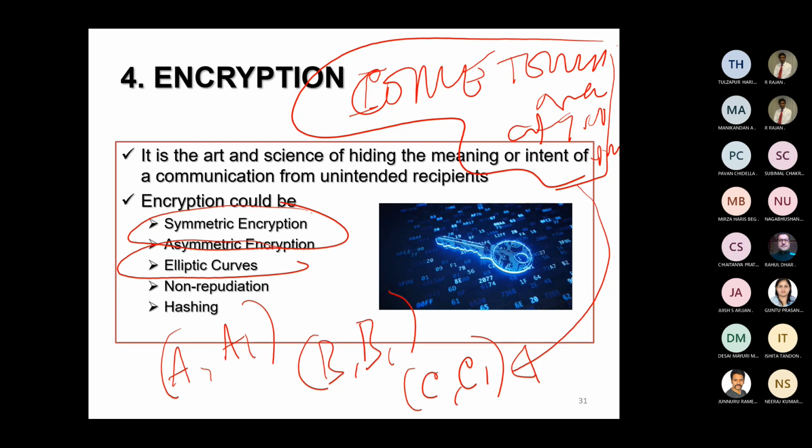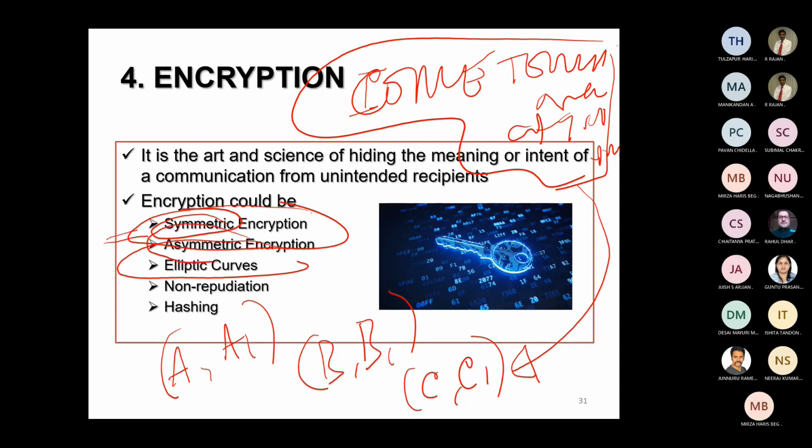Now, when the plain text is converted into ciphertext using a key, and the same key is used for reversal from ciphertext to plain text, that's called symmetric encryption. Symmetric means same. The same key is used both for encryption and decryption.